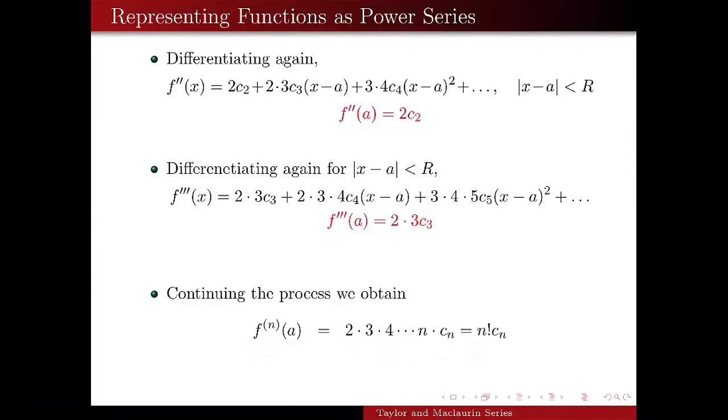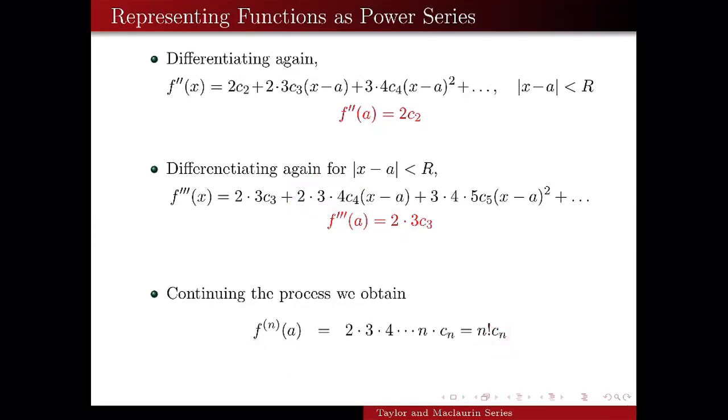So if you look at this, you have 2 times 3. That's 3 factorial. If you do the fourth derivative, you will have this part here, 2 times 3 times 4. That's your 4 factorial. And so on and so forth. So the nth derivative of f evaluated at a is just n factorial times cn.